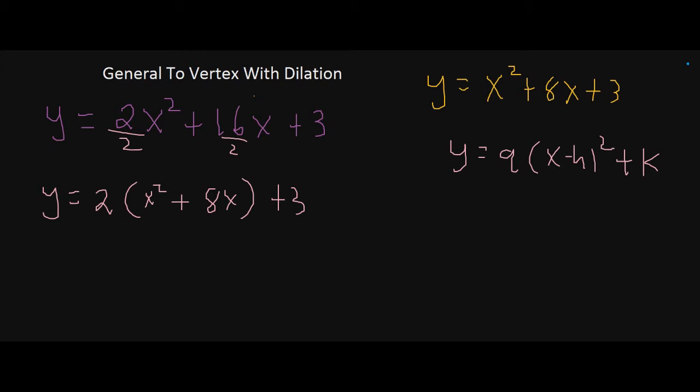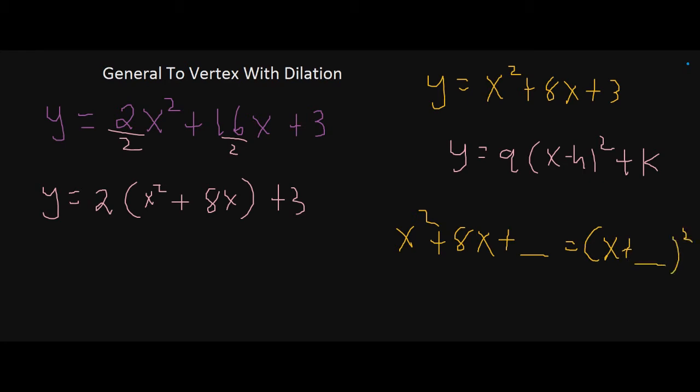So as you can see, we want this to become a perfect square. Now that we pulled the number out, we want this right here to be a perfect square. So now we're just going to focus on this in here, okay? So I'll go ahead and write it over here. x squared plus 8x plus blank equals x plus blank squared.